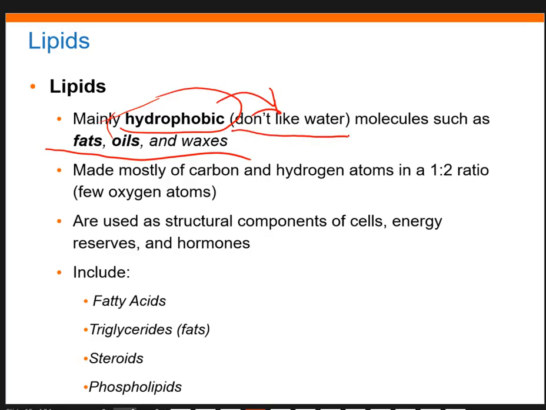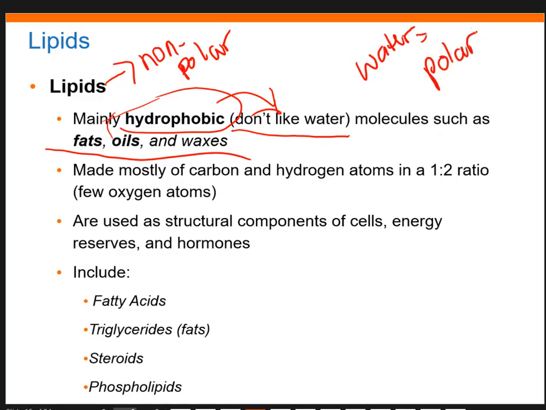And a reason for that is that they are very different compounds. Lipids are non-polar compounds. They are very balanced. They have no charges at all. And water is a polar compound.